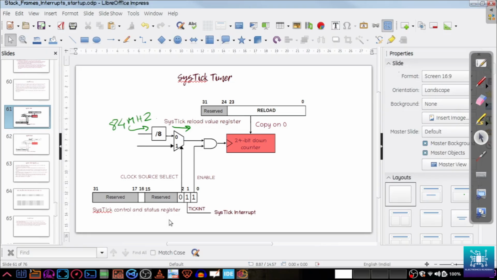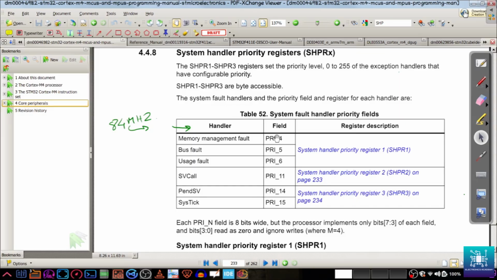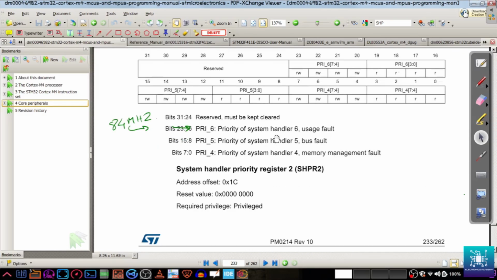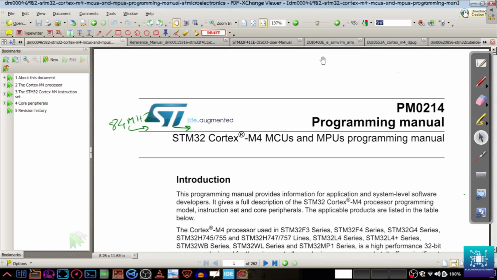So let us have a look at the Systick control and status register and Systick reload value register. So we need to find the registers first. So let's type Systick here.